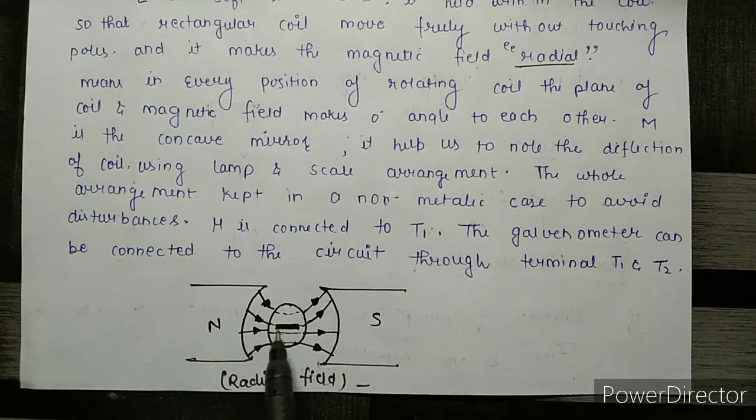The magnetic field is in this direction, and the plane is also parallel to the magnetic field, and in this particular situation the plane makes zero angle with the direction of magnetic field. So this type of field is known as radial field.